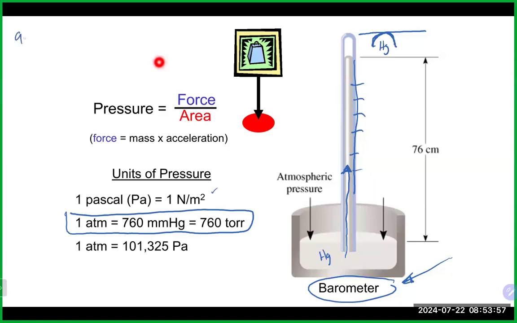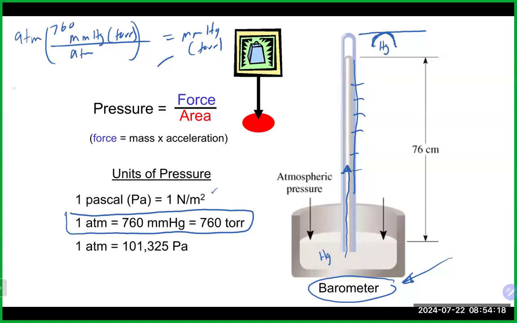Basically, if you have atmospheres and you want either millimeters of mercury or torr, you're going to multiply by 760. And that will give you millimeters of mercury or torr. Vice versa, if you have millimeters of mercury or torr given to you, and you want atmospheres, you're going to divide by 760.